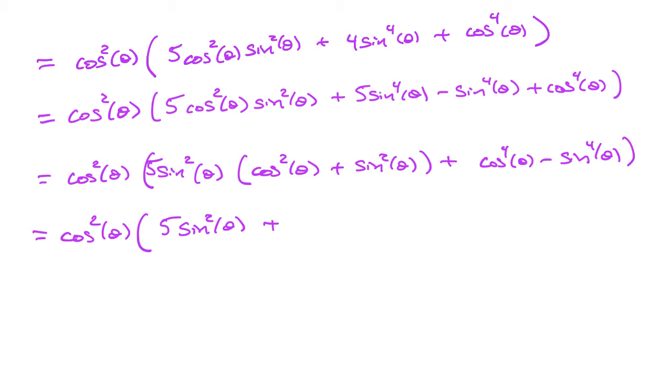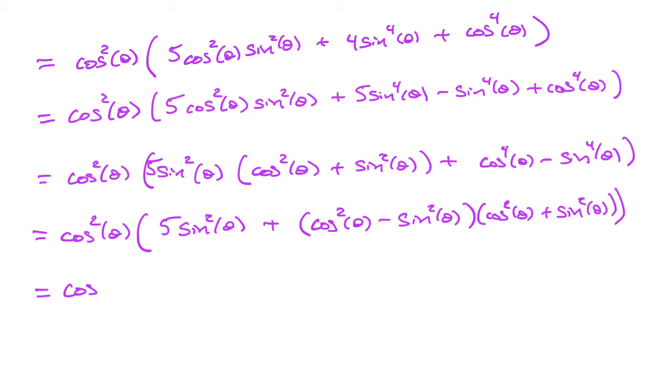Then for our cosine to the 4th minus sine to the 4th, we can factor that as the difference of squares. So that we have a cosine squared minus a sine squared, and then a cosine squared plus sine squared. Well, the cosine squared plus sine squared gives us 1.